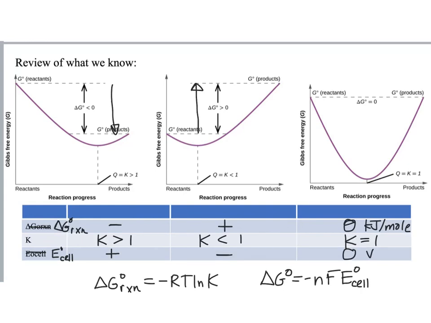So there is this innate relationship between delta G naught, K, and E naught. So if you know one of the three, you can always calculate the other two. These two equations are on the equation sheet for the AP test, and Faraday's constant is also on the equation sheet, as well as the gas law constant R, so you don't need to memorize any of those.